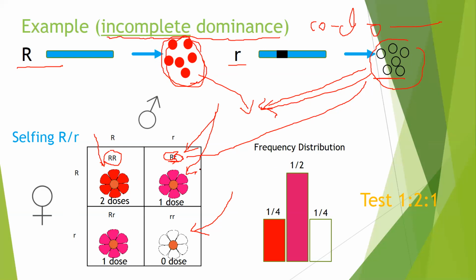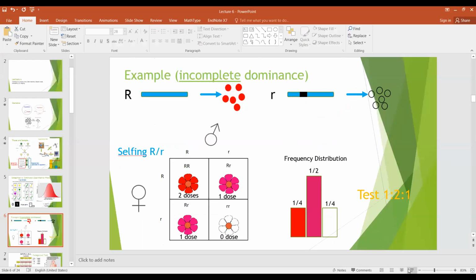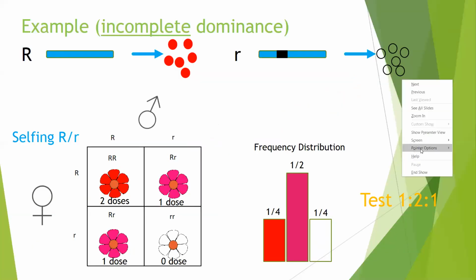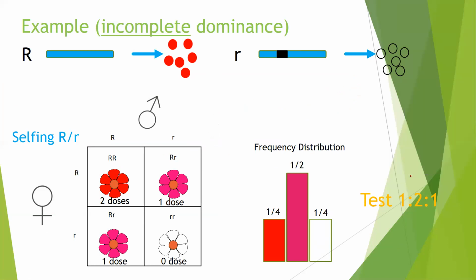Let me erase this. This is different from what we have learned before. In the past, we focused on complete dominance. Complete dominance means if there's a big R, the small r will be hidden. But in this case, no. In a codominance or incomplete dominance case, if you compare the phenotype of the homozygous big R and the heterozygous, they show two different phenotypes.